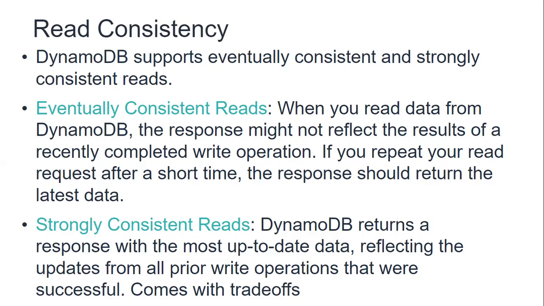You may get an old form of the data, or even be told the data is not available. Right? So that's eventual consistency. However, strong consistency, or strongly consistent reads, would mean that you get the most up-to-date data. So that may come with a higher latency. And then also you need more capacity units to do strongly consistent reads.